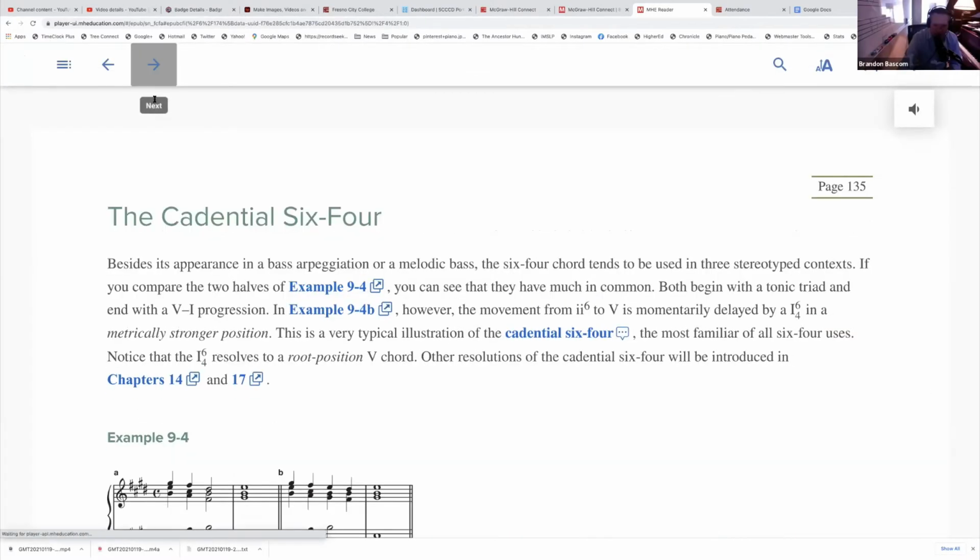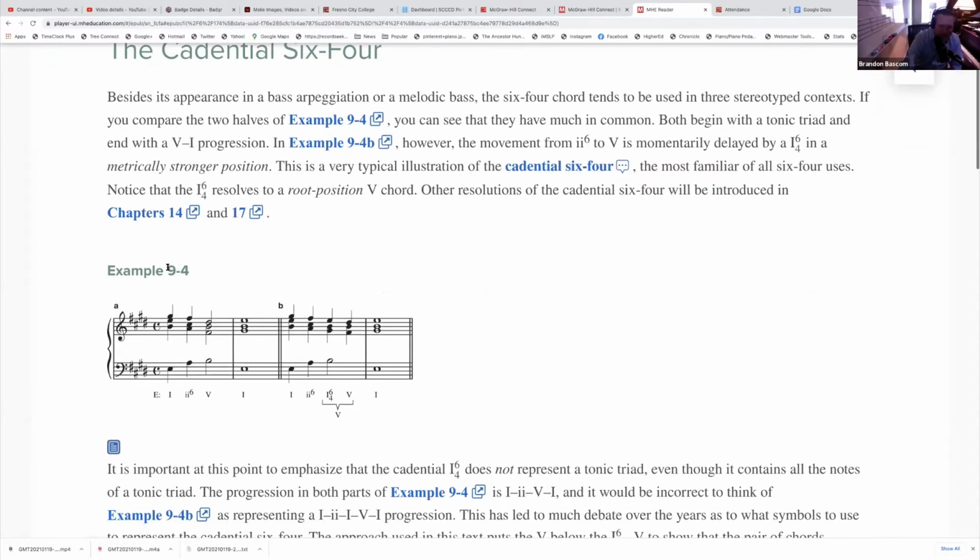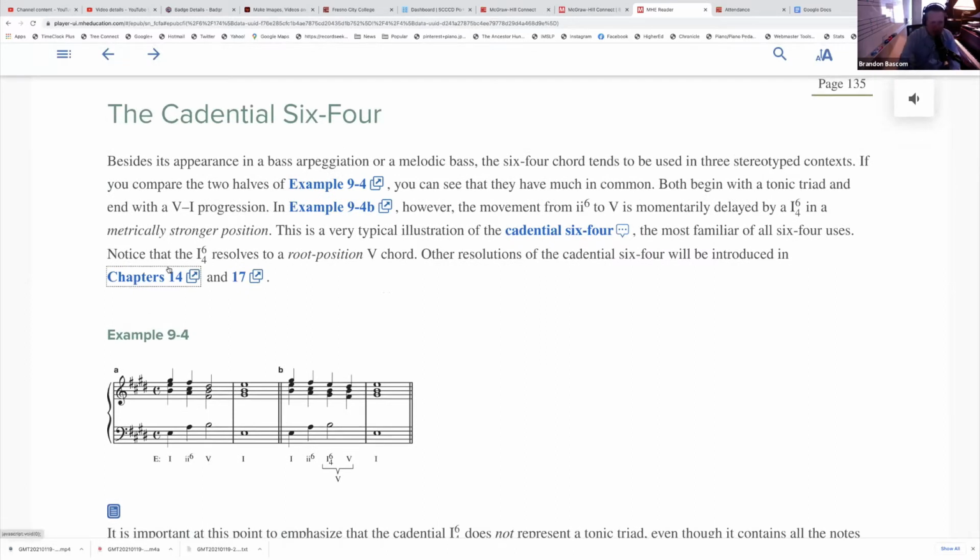The cadential 6-4. Oh, we made it. Oh, happy day. Besides its appearance in bass arpeggiation or a melodic bass, the 6-4 chord tends to be used in 3 stereotyped contexts. If you compare the two halves of example 9-4, you can see that they have much in common.